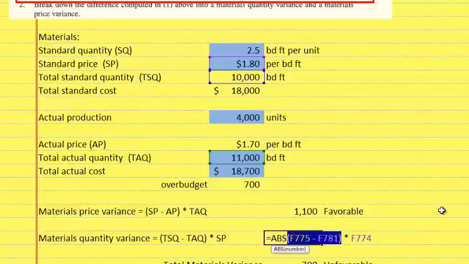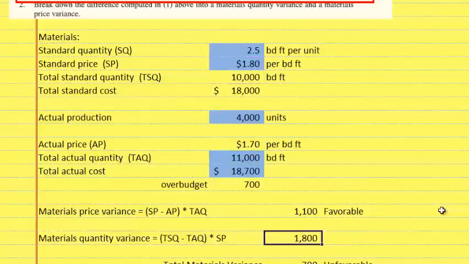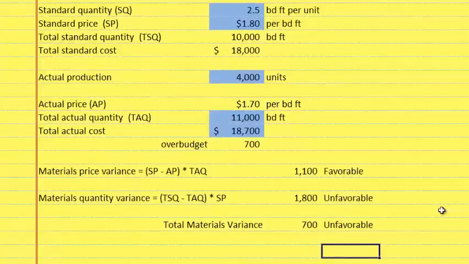So right there in the formula is the extra 1,000 board feet that we used. And this part of the formula says multiply by the standard price of $1.80 per board foot. So that is an $1,800 unfavorable materials quantity variance.